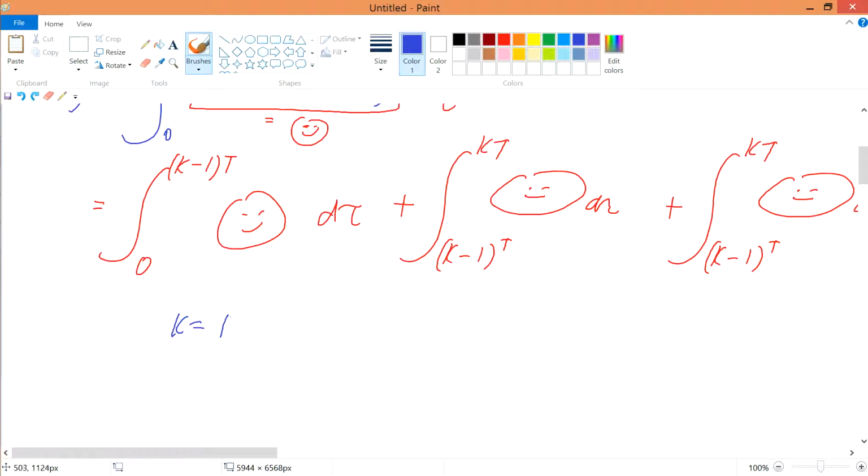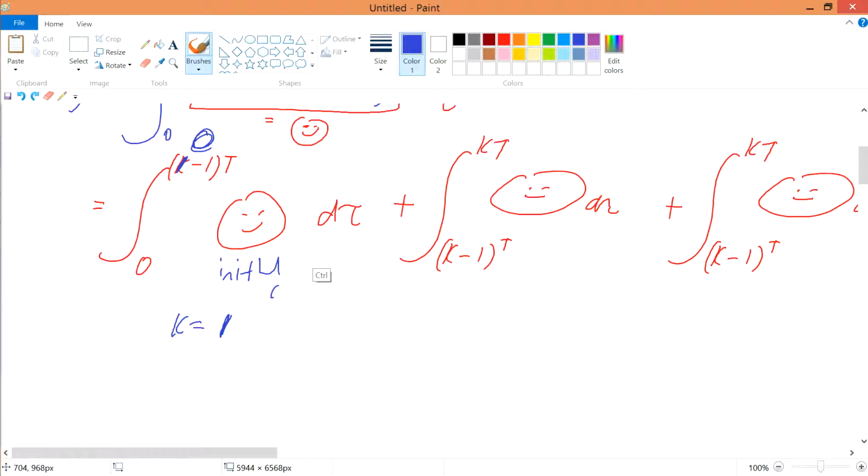So if my k is equal to 1, my first signal, I sub it in over here. 1 minus 1 is 0, so integration from 0 to 0 is just 0. Although this integration may be 0, at time k equals 1 you may have certain values over here, because this will tell you your initial condition.